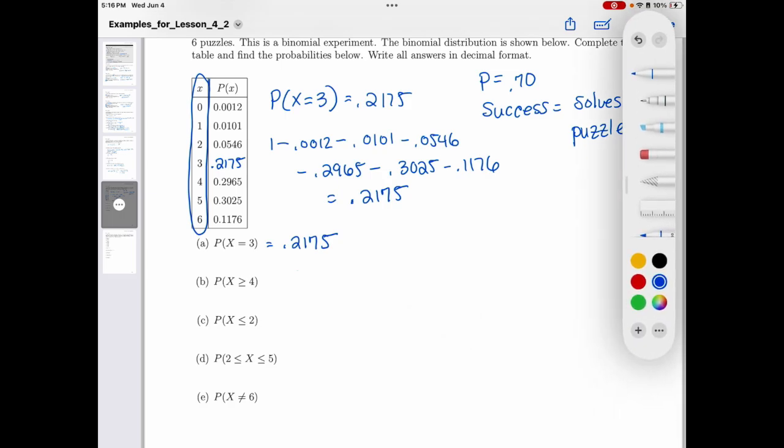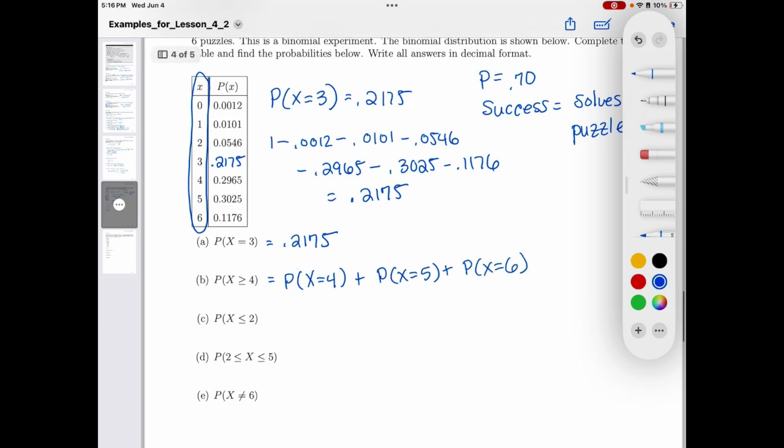So for part B, we're finding the probability that x is greater than or equal to 4. So that means we're going to add up all the probabilities, including 4, that are greater than 4. So that's when x is equal to 4, plus the probability that x is equal to 5, plus the probability that x is equal to 6.